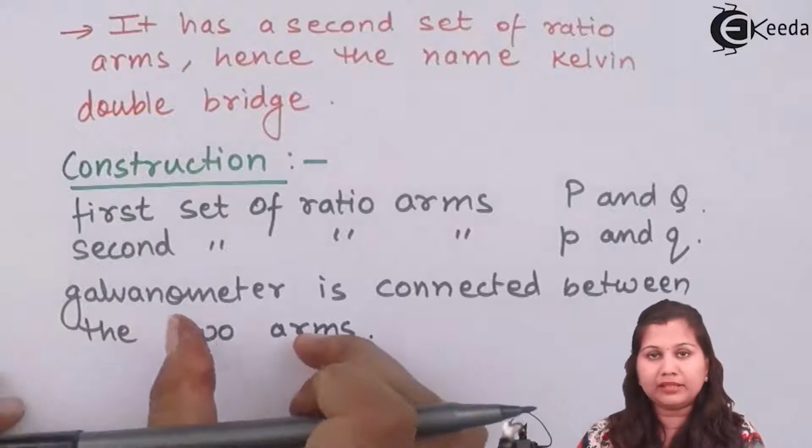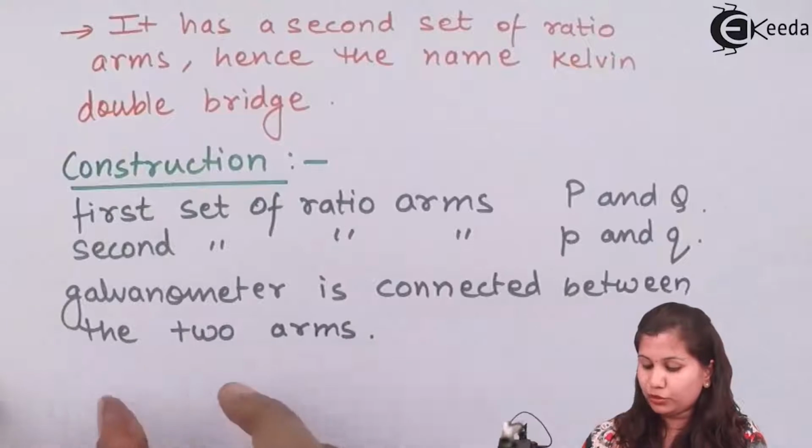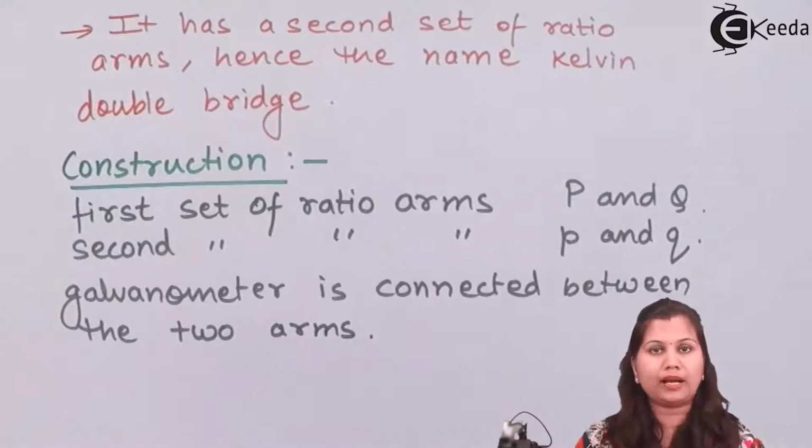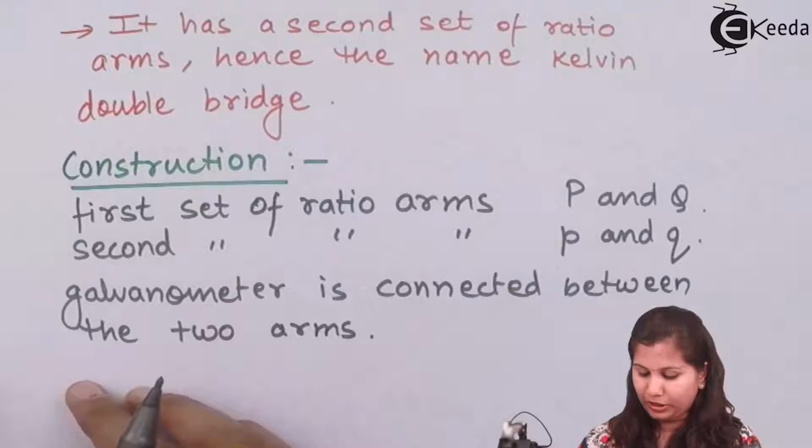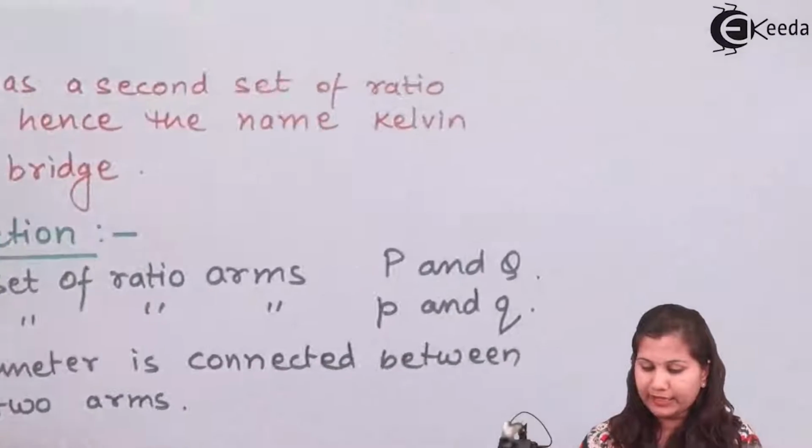The galvanometer is connected between the two arms, that is P upon Q and small p upon small q. Let's see the circuit for this Kelvin double bridge.